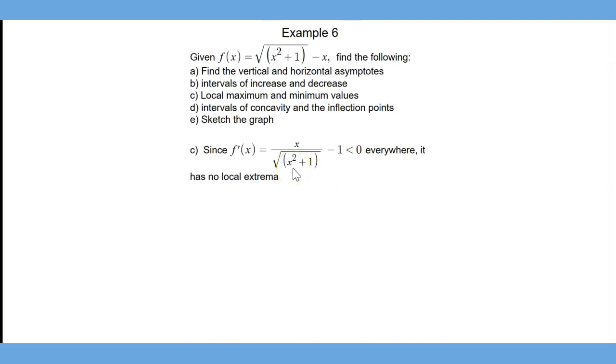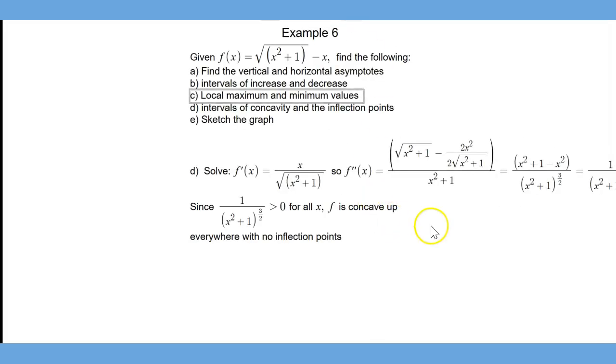Also, since f prime is less than 0 everywhere, it can't equal 0 anywhere, which means that we don't have any local extrema. And then we're supposed to find the intervals of concavity. And unfortunately, this is falling off the end of the screen here.